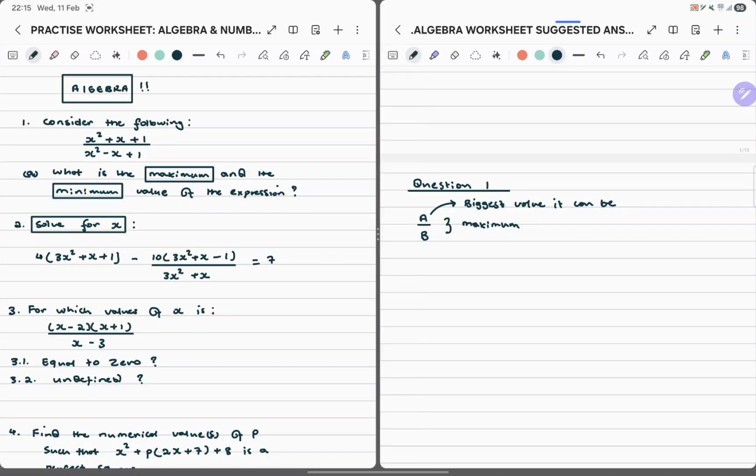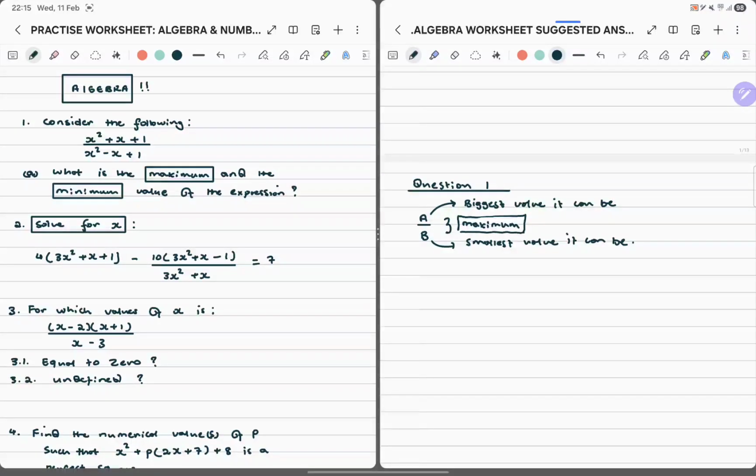Right? And the denominator must be the smallest value it can take. Right, so this gives us a maximum.